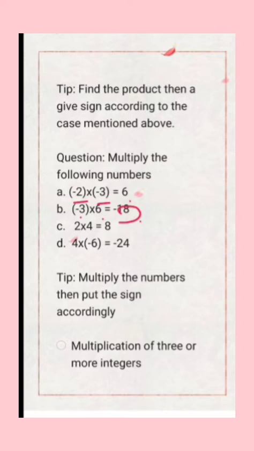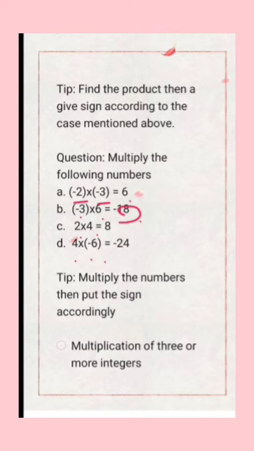Okay, next 2 into 4 is 8. This is very easy, both the integers are positive. 4 into -6. 4 is positive, 6 is negative. So your first step, you are going to multiply them. 4 6s are 24, and now you will decide the sign according to the signs given in the question.